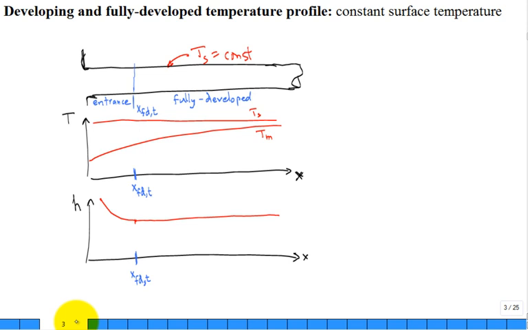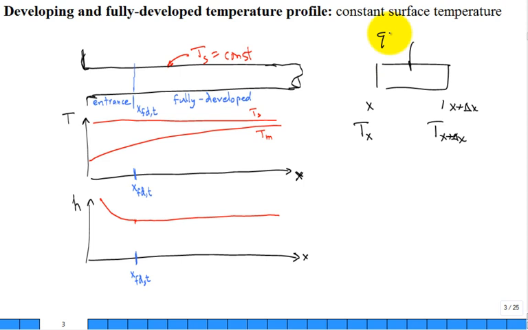All right, harder case. You take a little section of the pipe like that at x to x plus delta x. You have the mean temperature at x. You have the mean temperature at x plus delta x. Okay. How do I have heat being transferred into it, q coming in? It'll be an h times an area, pi d delta x, times the temperature difference, the constant surface temperature minus the mean temperature of the fluid.